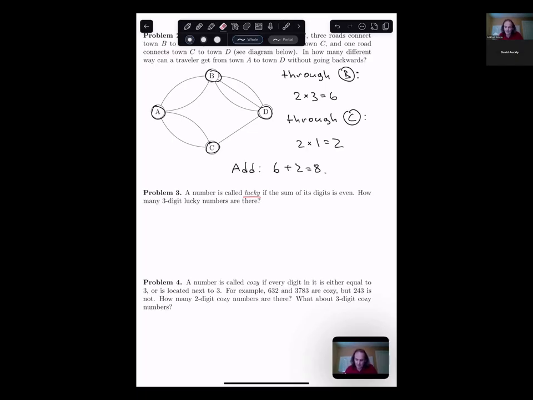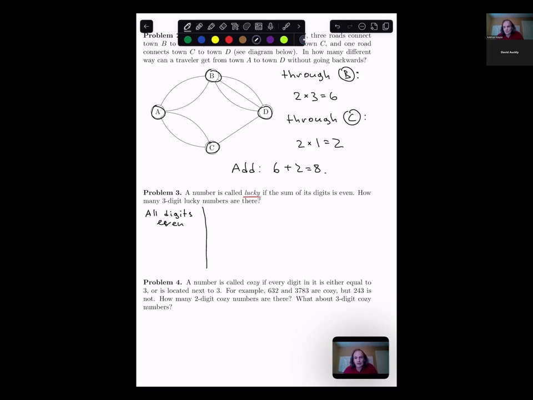Any ideas? So, all digits even. That should be one type, so we'll count it separately, right?